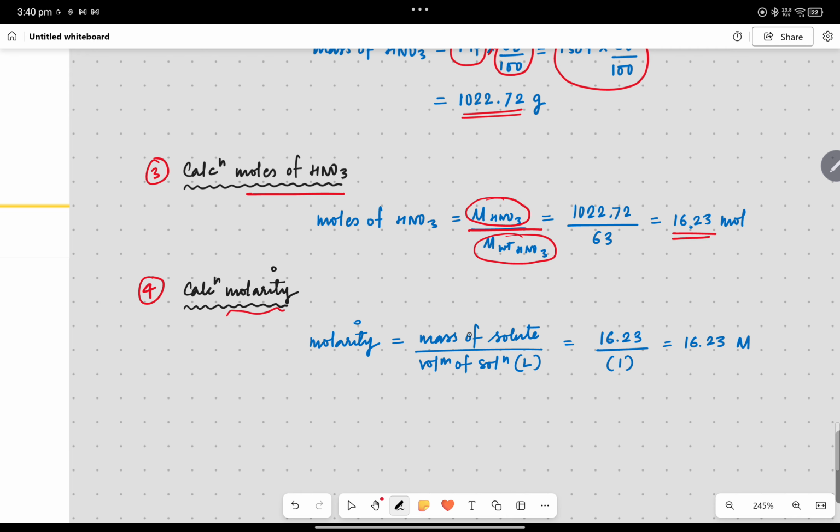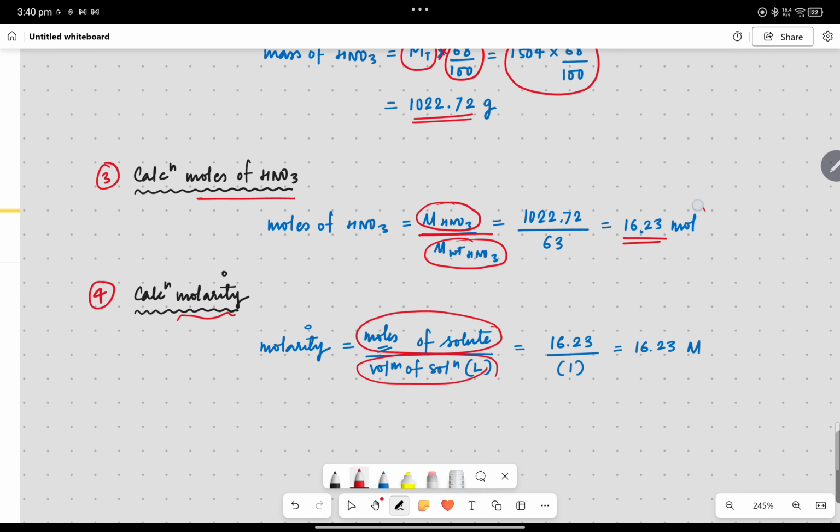And for molarity, here I have to write moles of solute divided by volume of solution in liter. And I have the volume of solution in liter. I have calculated this 16.23 moles in 1 liter solution, right, in the starting of my steps.